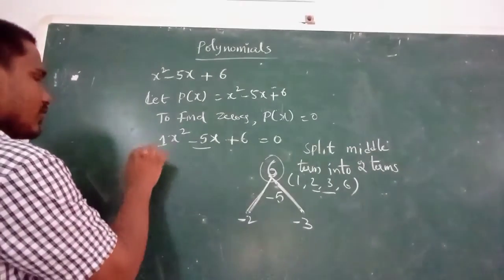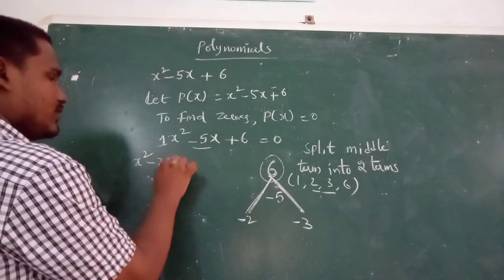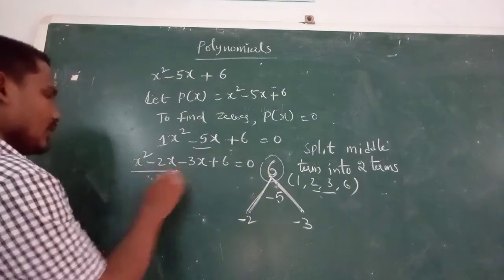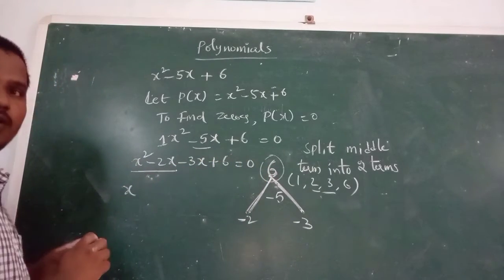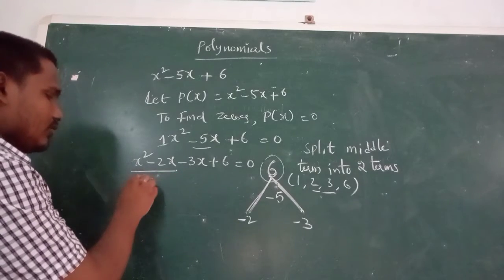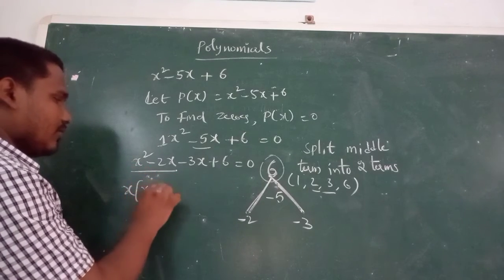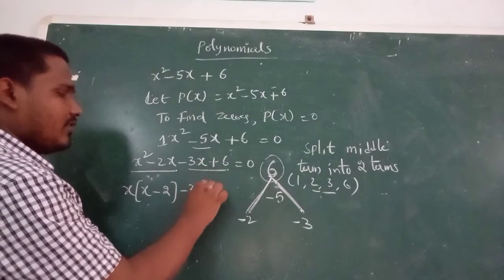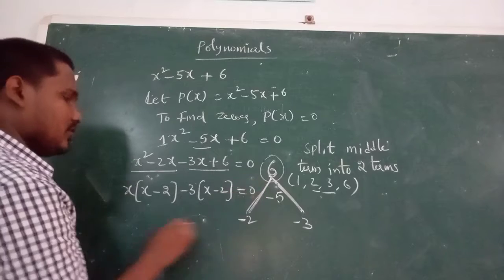Therefore x square minus 2x minus 3x plus 6 is equal to 0. Here x will be common, then x minus 2. Here minus 3 will be common, x minus 2 is equal to 0.